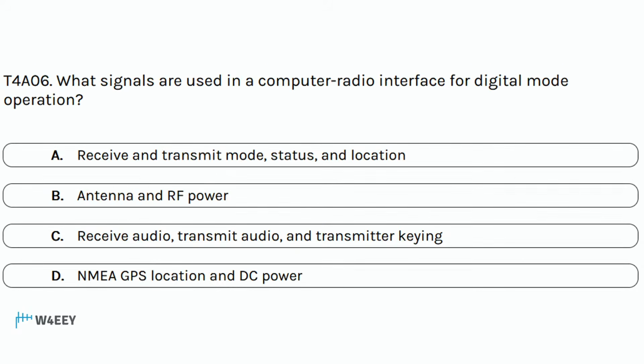All right, what signals are used in a computer radio interface for digital operation? What three things do you need? Charlie. Receive audio, transmit audio, and push-to-talk or transmitter keying.